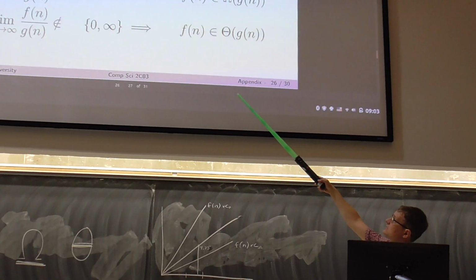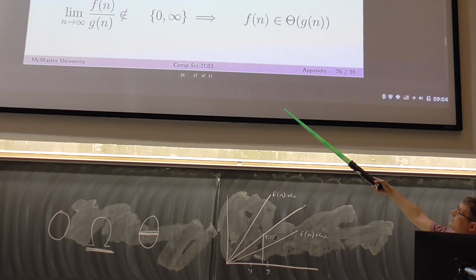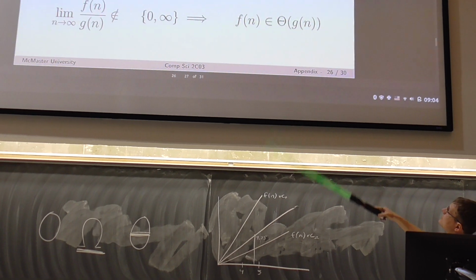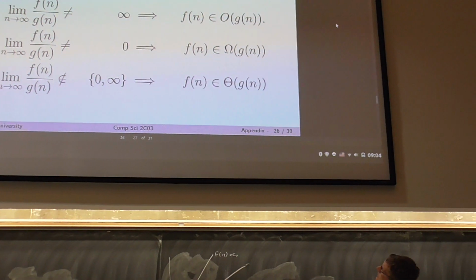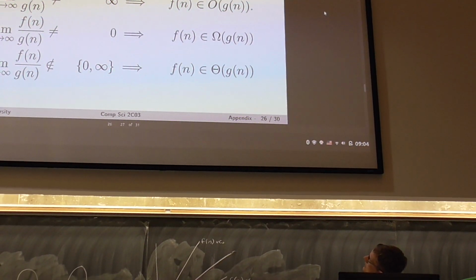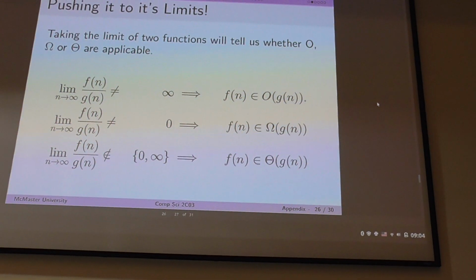If it's not equal to 0, then it's a lower limit. And if it's not an element of either of those, then it's, wait, that doesn't make sense. I think those shouldn't be not equals. I think those should be equals. Uh-oh. I'll take this back and look at it.